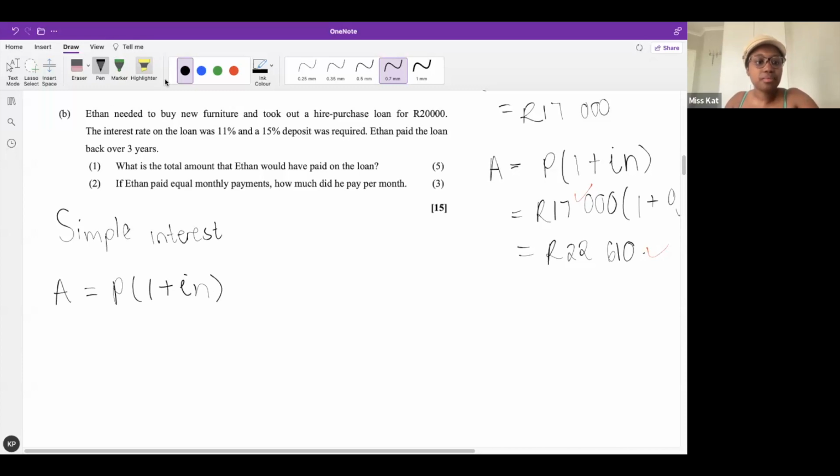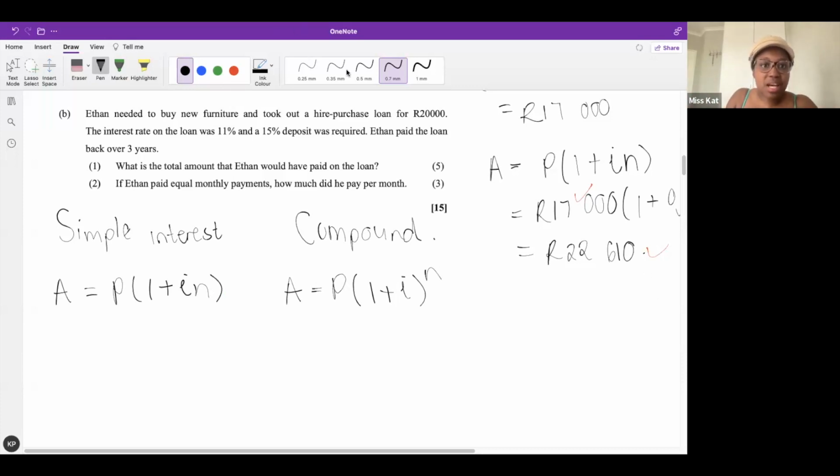And then for compound interest, A equals principal (1 plus interest), and this time our number of years is in the exponent.